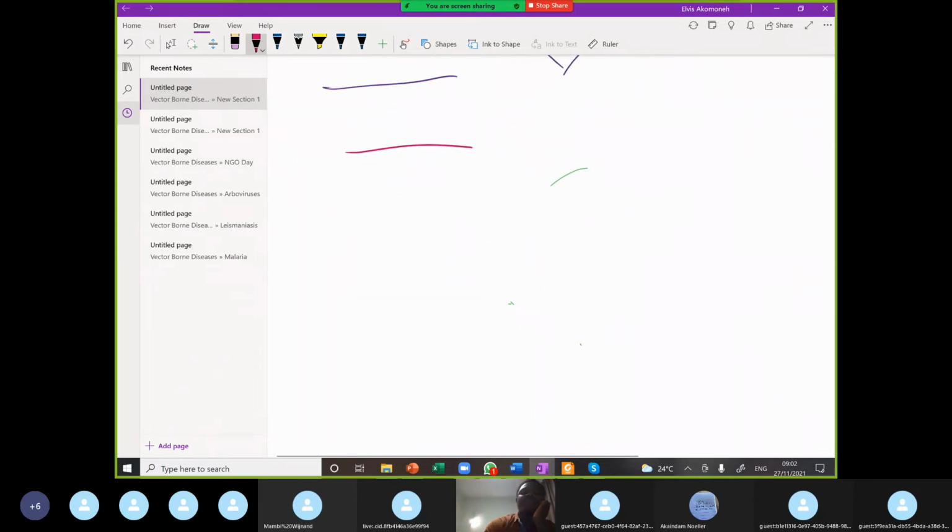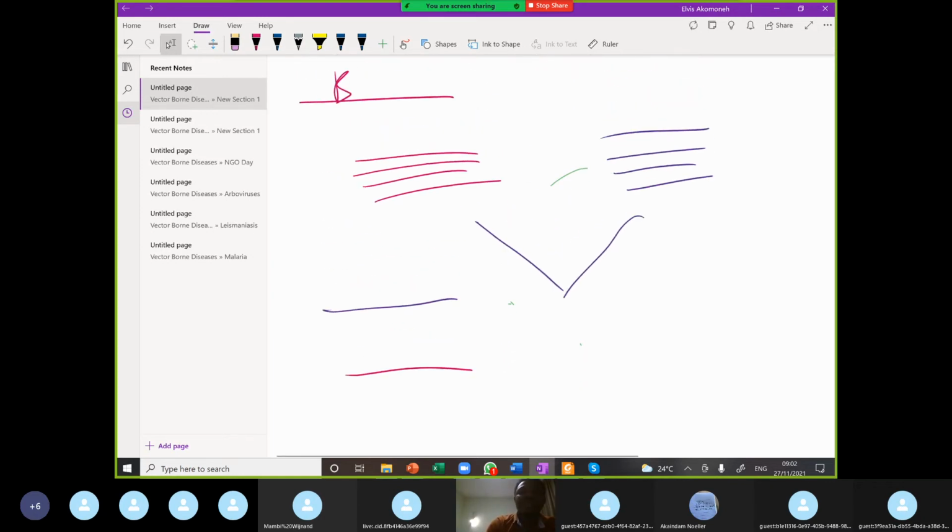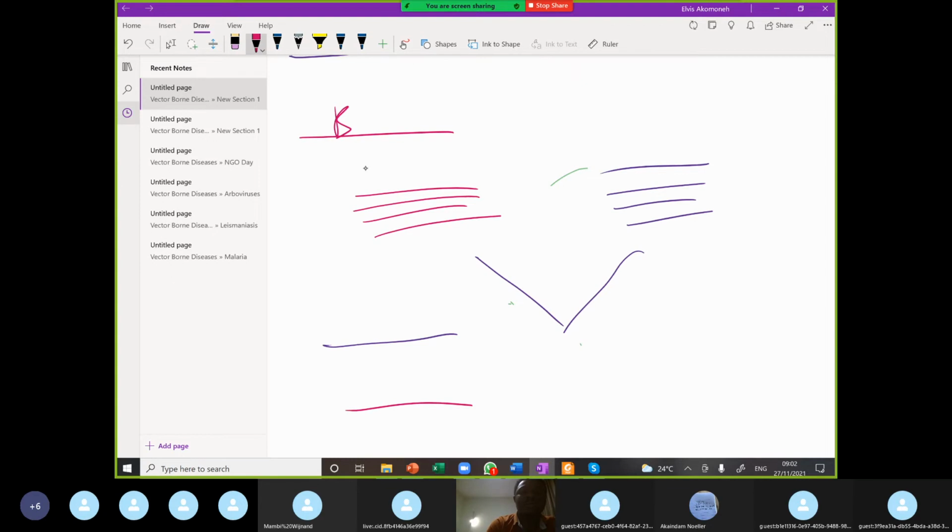Now, let's talk Southern blotting. I want to find out if you have the DNA of Salmonella in you, for instance. So I have my Salmonella DNA that I have separated in my tube, and then this is Salmonella DNA in the sample.